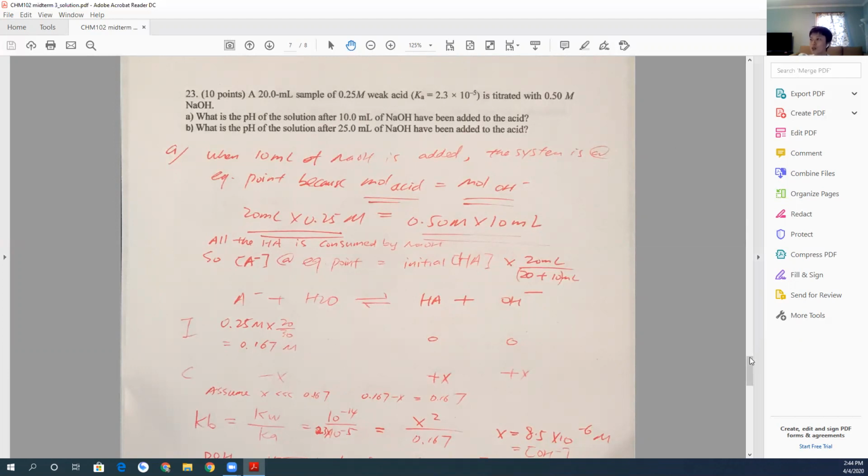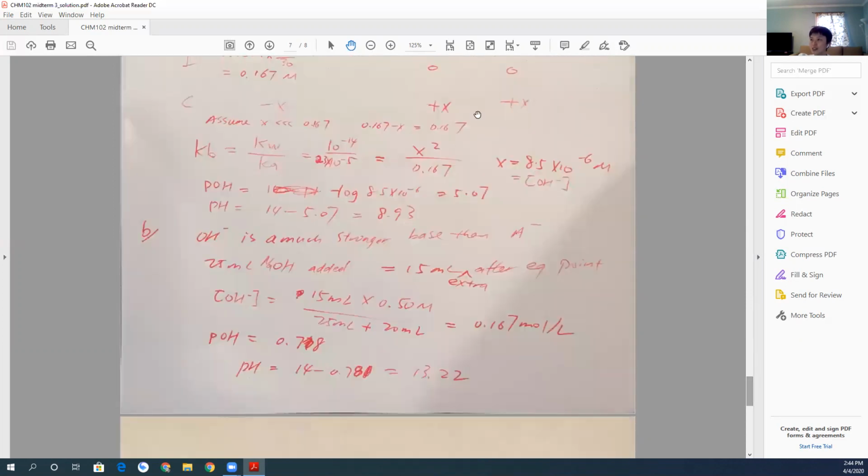The amount of sodium hydroxide added in extra is 15, which is 25 minus 10. This 15 milliliters of extra sodium hydroxide will determine the pH of the system. So this volume times the concentration of sodium hydroxide, divided by the total volume, which is the original volume of the acid plus 25 milliliters, so the total volume is 45.